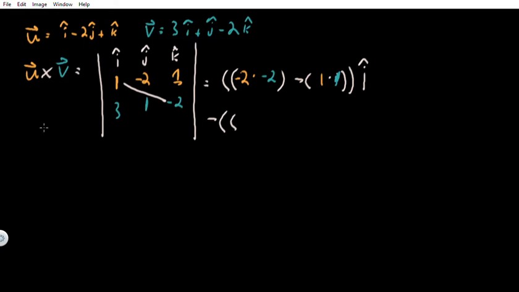That would be 1 times a -2, minus, now I go the opposite way, and that would be 1 times 3. And what did I cover up again? I covered up j hat. So I'm going to multiply this by the vector j hat.